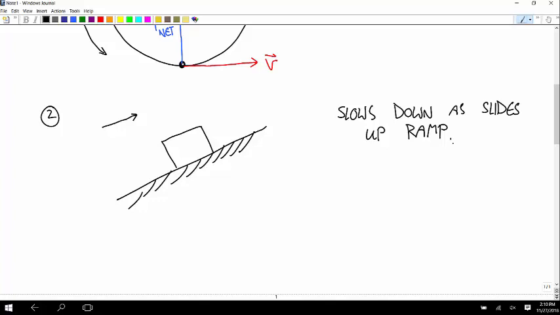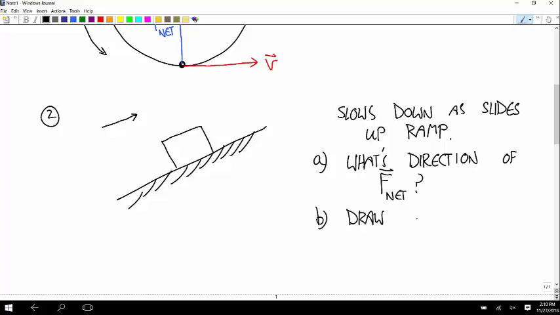Okay. So first, it's the direction of F net. And then second, I'll draw a free body diagram.